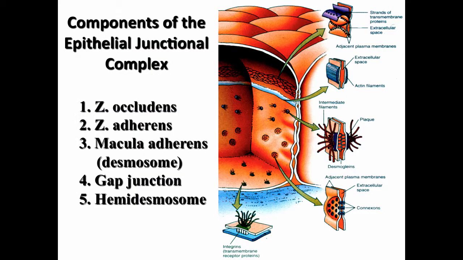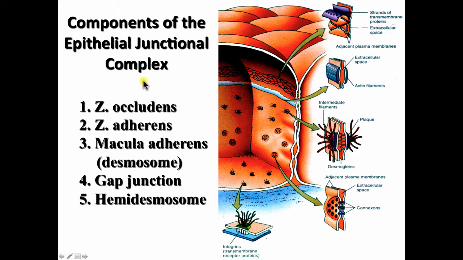All right, now let's consider the junctional complex, which is found between all epithelial cells, and some components of it are found in other cells as well. The junctional complex firmly binds adjacent epithelial cells to one another, and it consists of 5 different components.